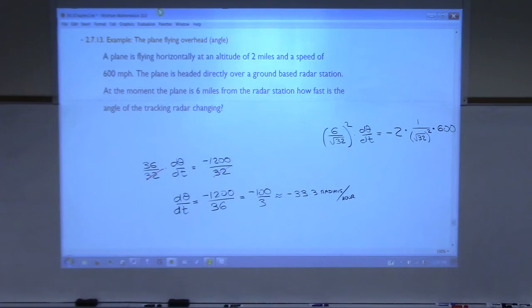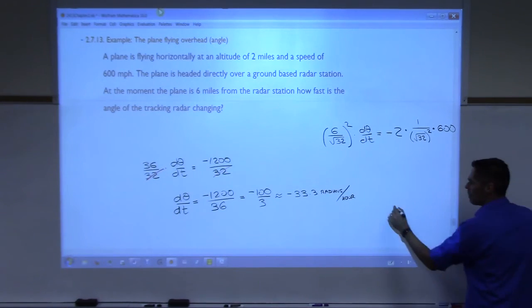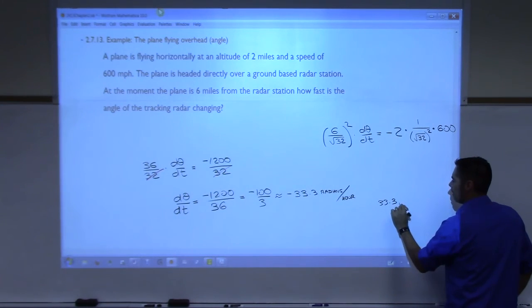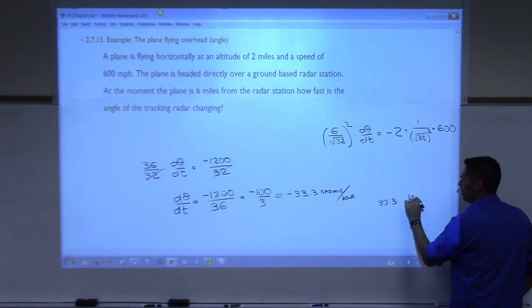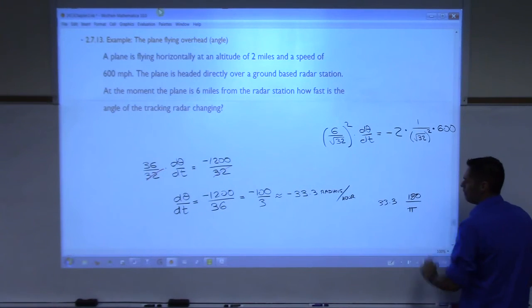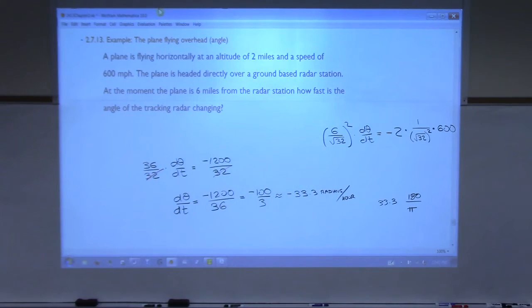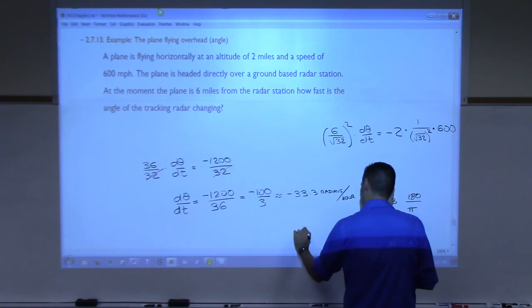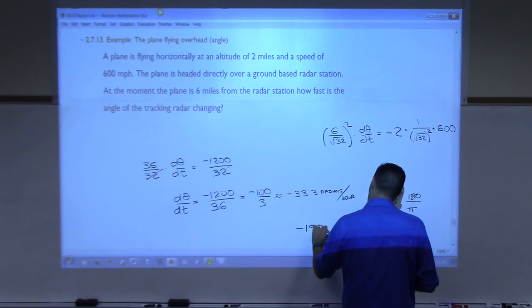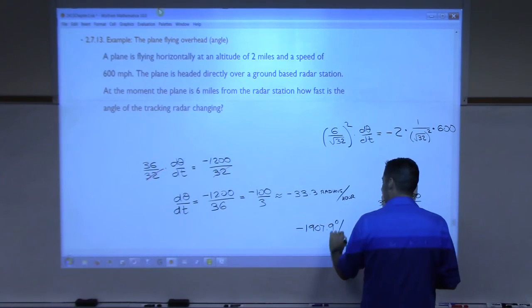How do you convert from radians to degrees? Do you remember? You multiply by 180 and divide by pi. So if you want to convert that to degrees, 33.3 times 180 over pi, that's negative 1,907.9 degrees per hour.